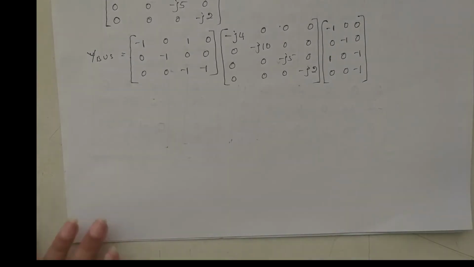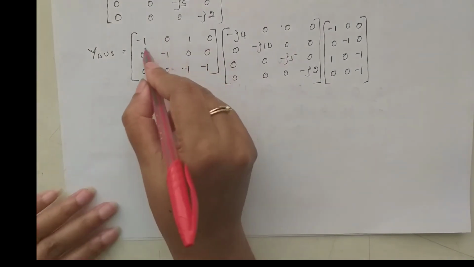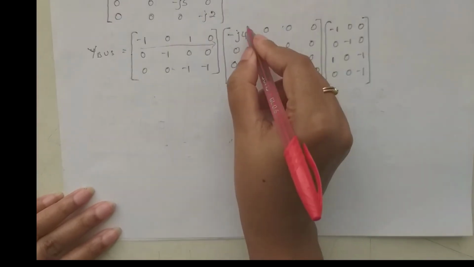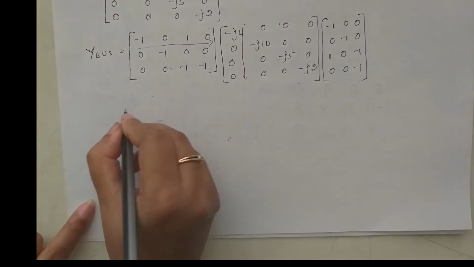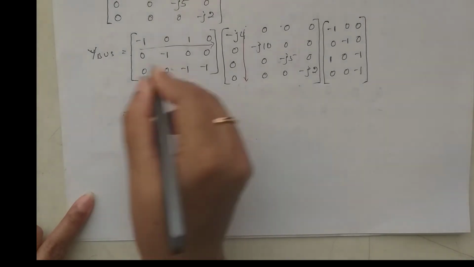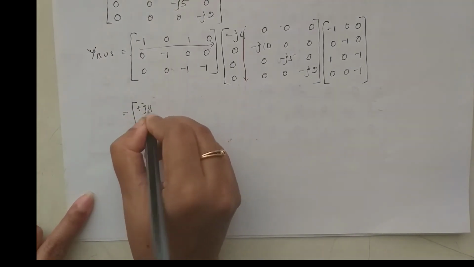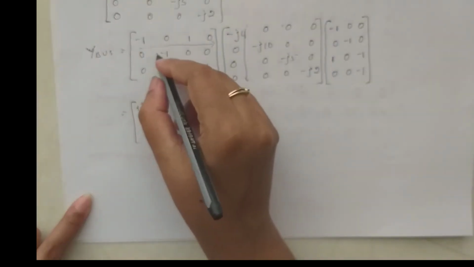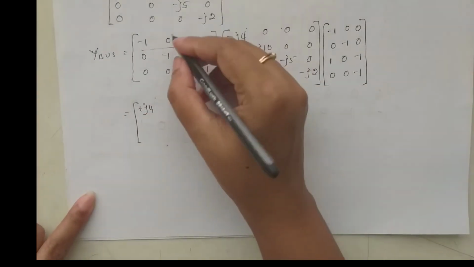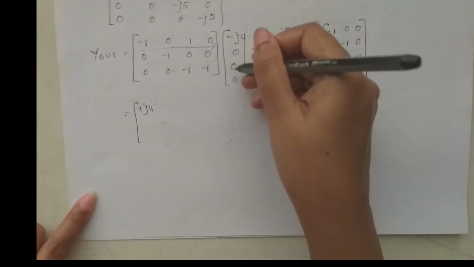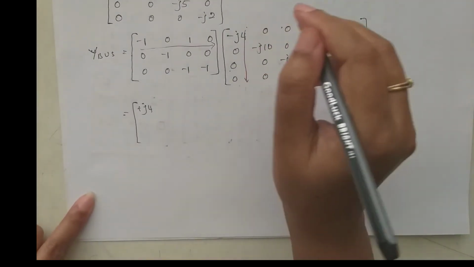So what we have to do is multiply the first row with the first column. The first element would be plus j4, and the plus j4 will be added with 0, because 0 into 0 is 0, 1 into 0 is 0, 0 into 0 is 0.